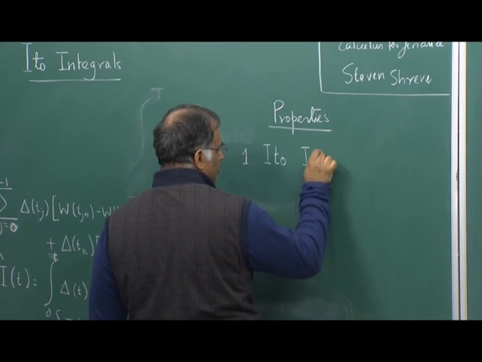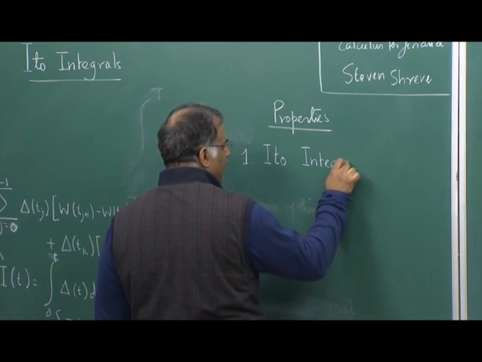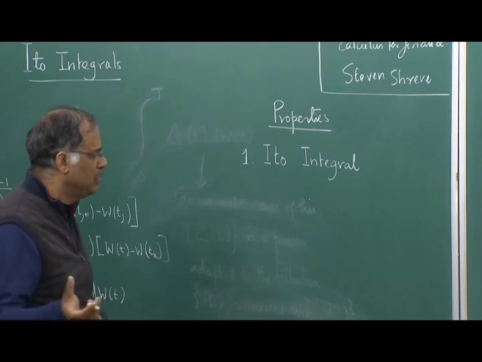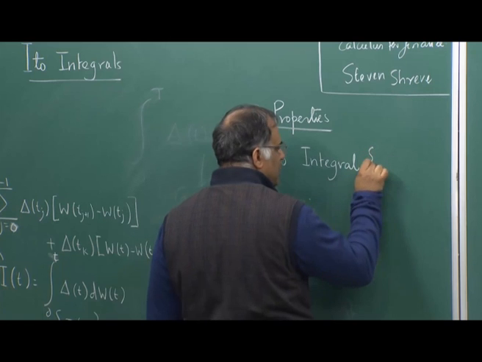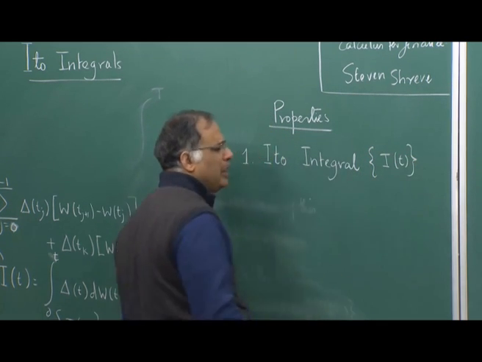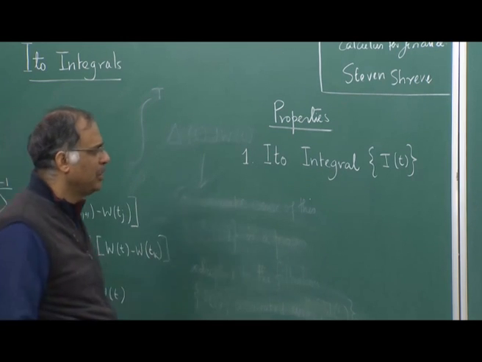So, when I am taking integral, do not think it is an integration, it is a number, it is not a definite integral. Ito integral IT means Ito integral is a stochastic process, Ito integral IT is a martingale.